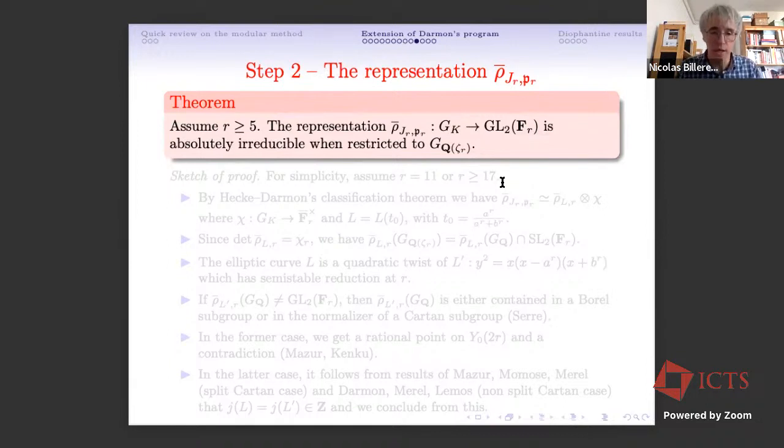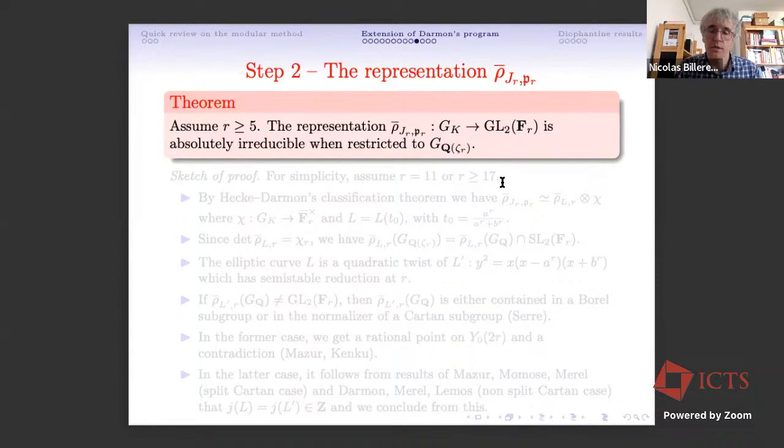So we would like to show that JR, an abelian variety over K, is modular. And this will be done using the very specific properties of this particular representation, rho bar of JR at frak P R. And here's the main theorem.